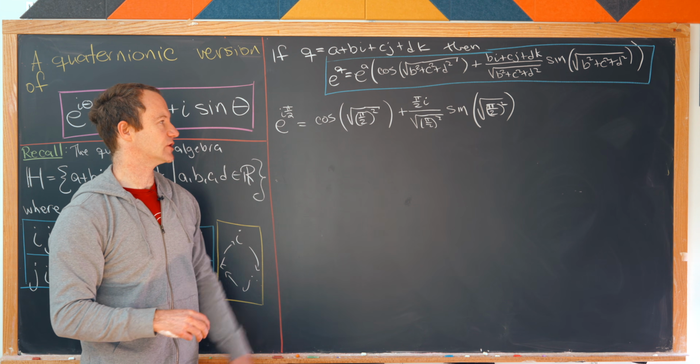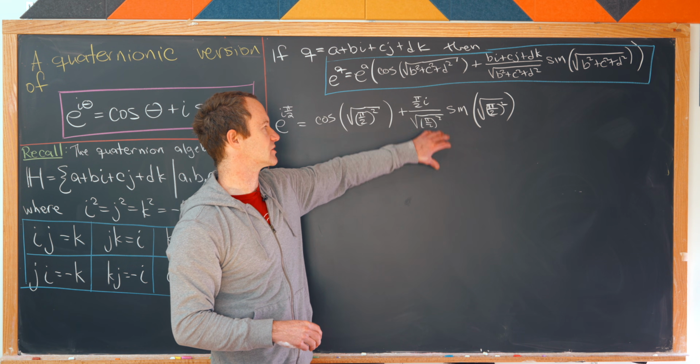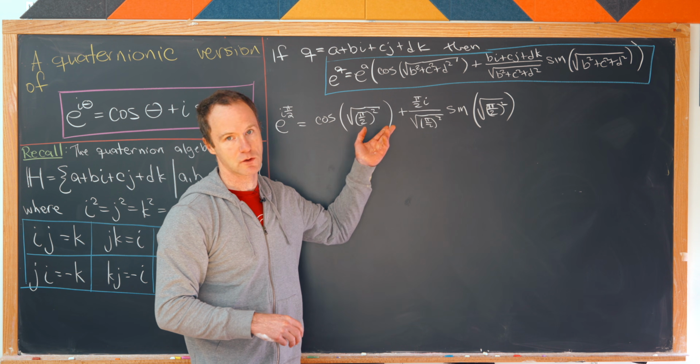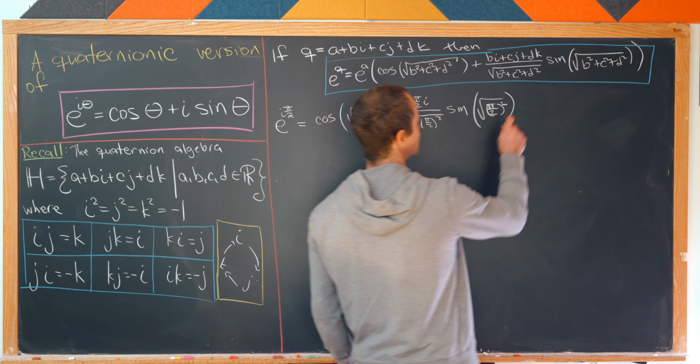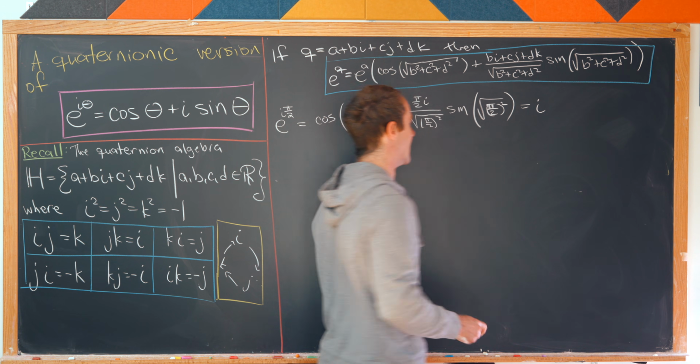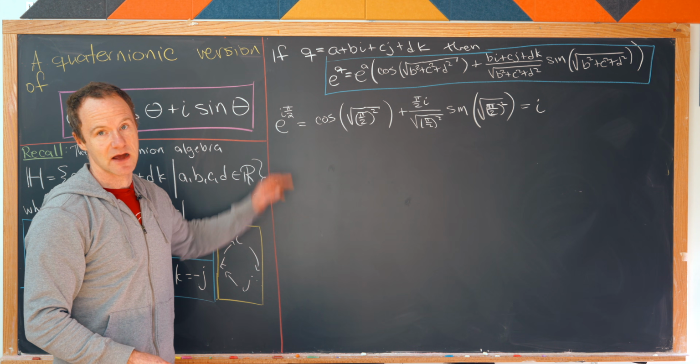Of course, I wrote out way too many details because this simplifies quite a bit. This gives us cosine of pi over 2, which is 0. This coefficient of I will turn into the number 1, given the quotient we have, and then sine of pi over 2 is the number 1. So this is in fact equal to I. That means we have I equals e to the I pi over 2.